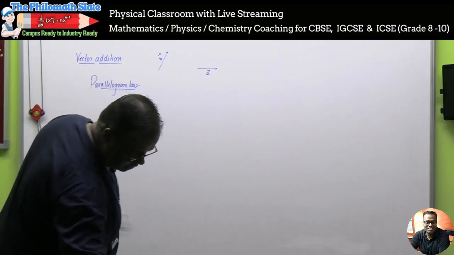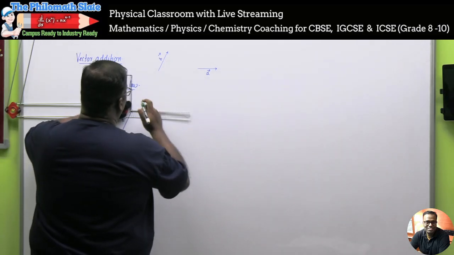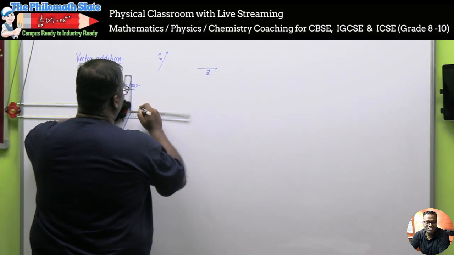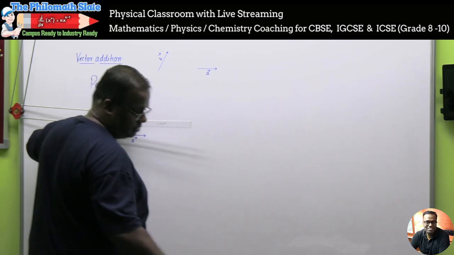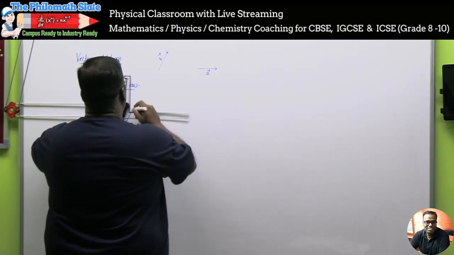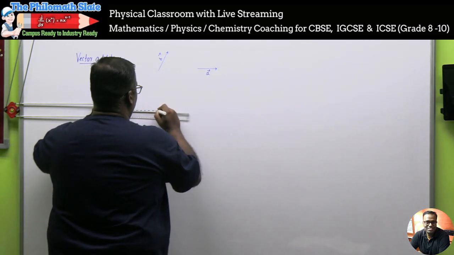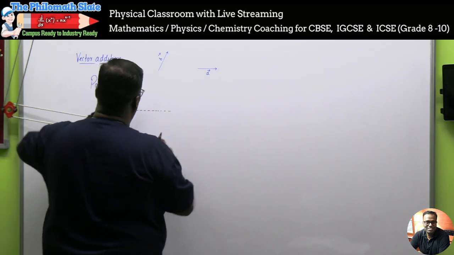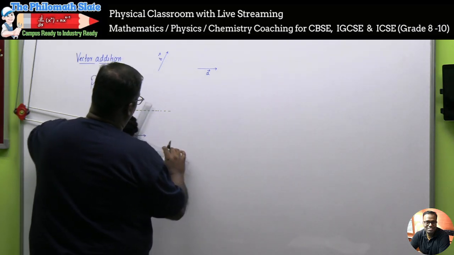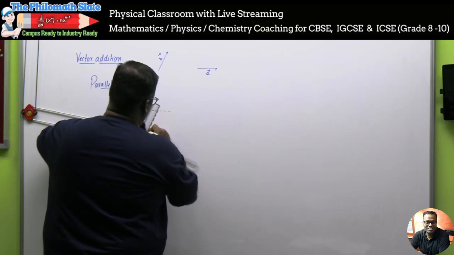Complete the imaginary parallelogram. So how to complete it? Sir, from here you draw parallel lines. From here I am drawing parallel lines, and from here I am drawing parallel lines.